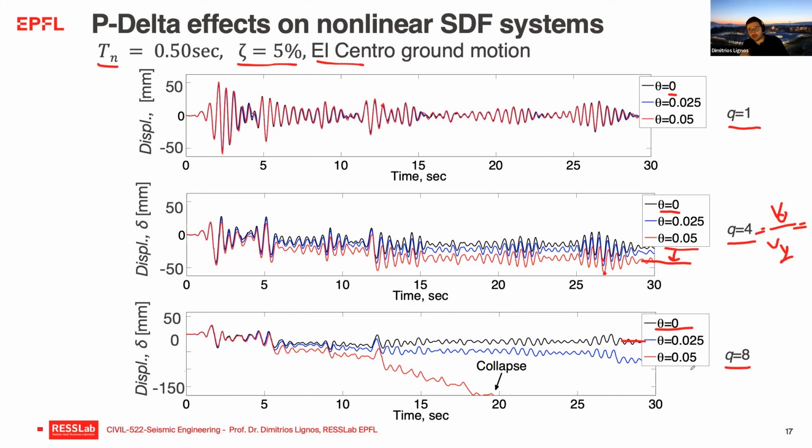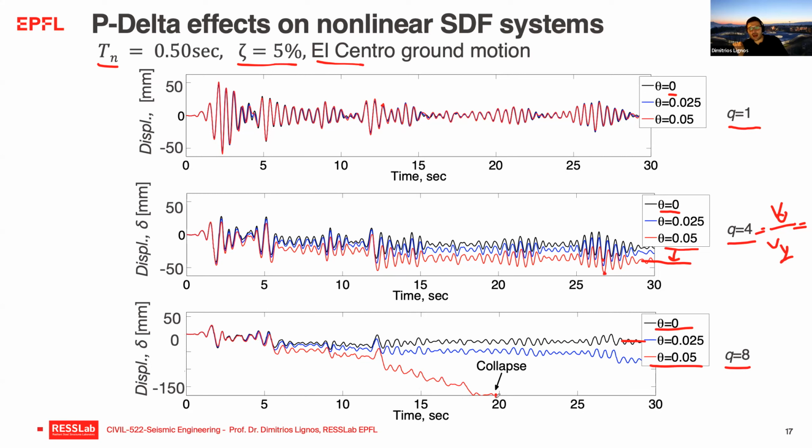But when I explicitly consider gravity in the analysis, you see that for the system where theta is equal to 0.05, because my oscillator enters into the nonlinear response very quickly, eventually it reaches a displacement that is very high, and that implies that it collapsed.